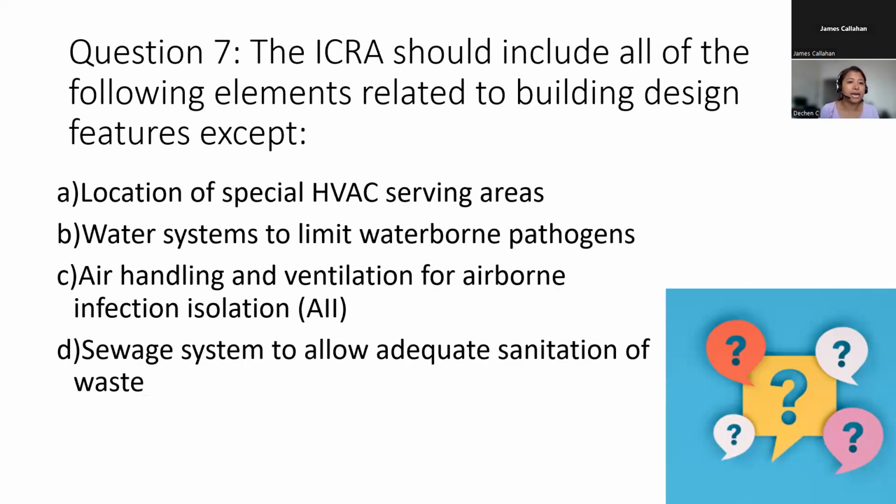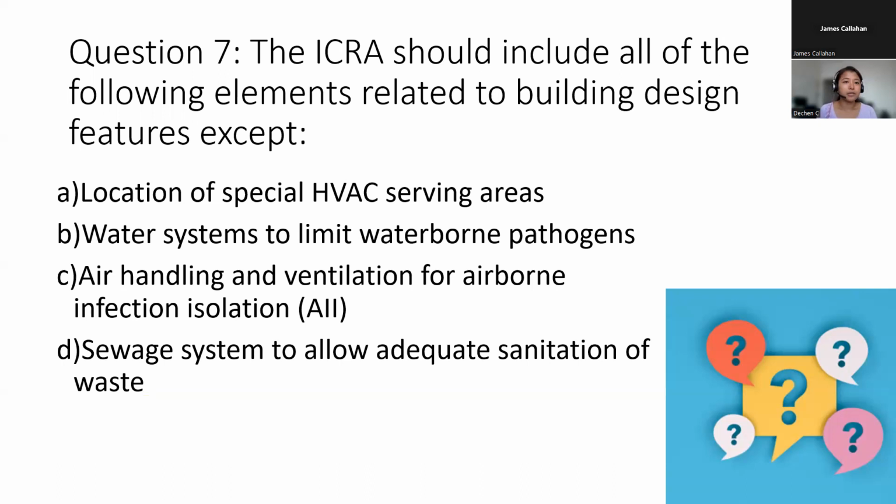The last question we have here is question 7. The ICRA should include all of the following elements related to building design features, except A, location of special HVAC serving areas, B, water systems to limit waterborne pathogens, C, air handling and ventilation for airborne infection isolation, or D, sewage system to allow adequate sanitation of waste.